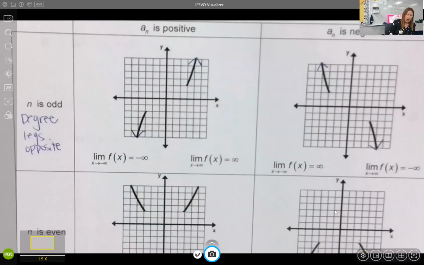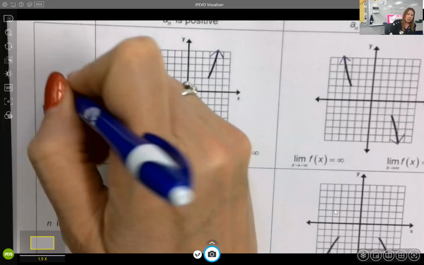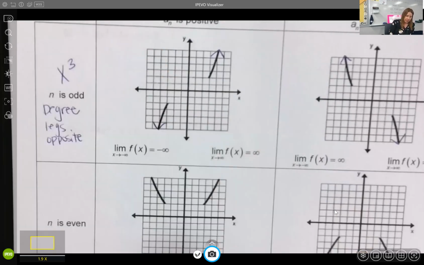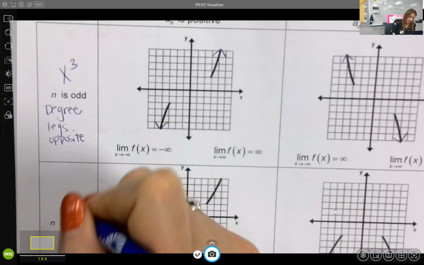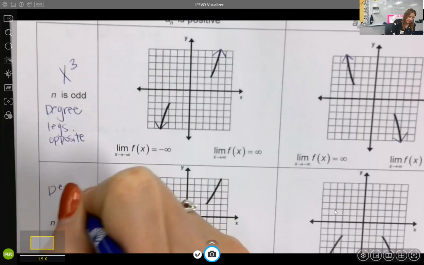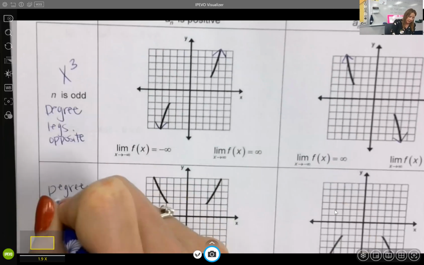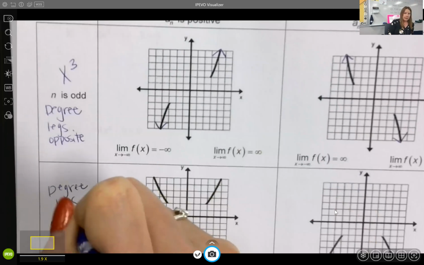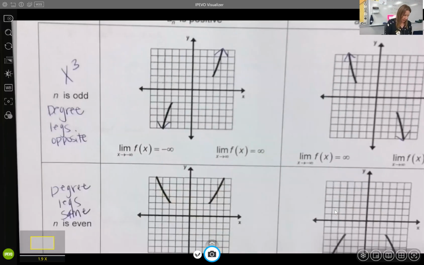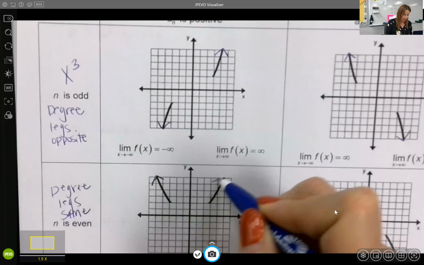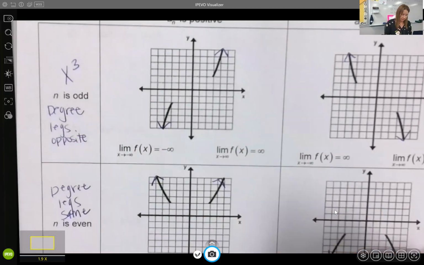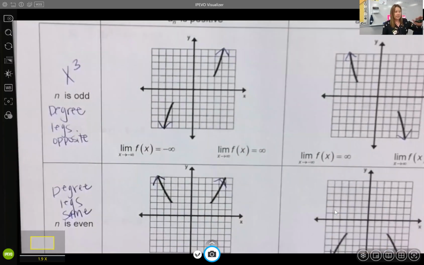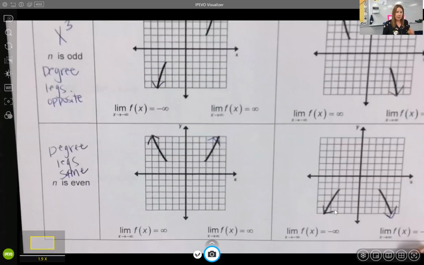That's if it's odd, like x cubed, anything with an odd power. And with an even power, if the degree is even, then the legs are the same. They're going the same direction, so either they're both up or they're both down. Okay, so those were the 4 scenarios that we came up with.